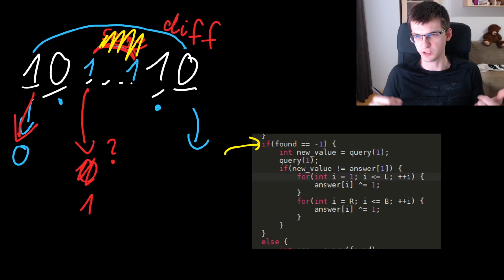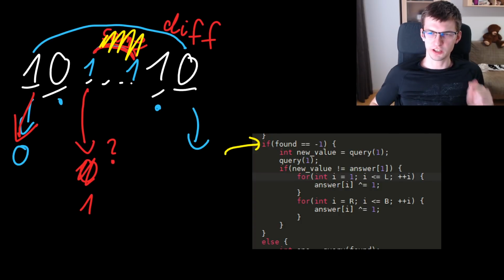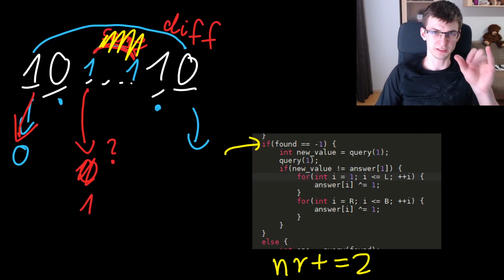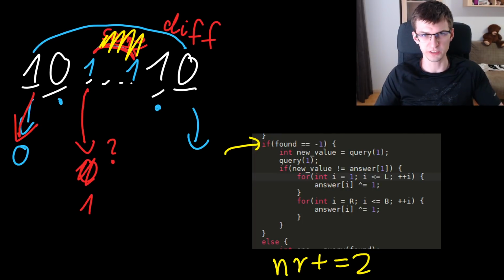If found is still -1, that was, I think, the first position with two equal bits, then I check the very first element in the sequence, its new value is this. I ask the query a second time for my convenience, because much later I do number of queries plus equal to. So I ask 2 queries to know if there were any differences, and then 8 real queries to know new values.